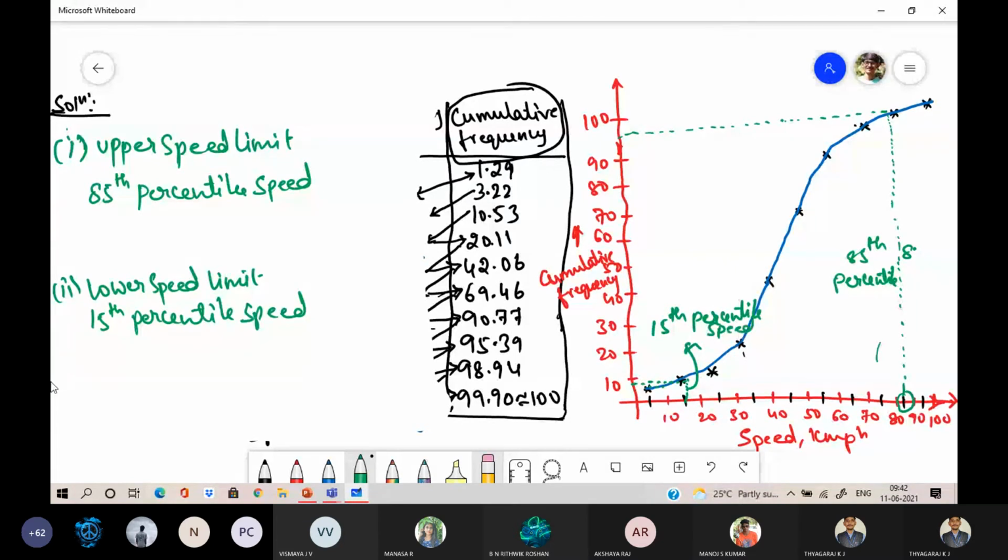And one more thing they are asking: geometric design speed. The 98th percentile speed we call the geometric design speed.